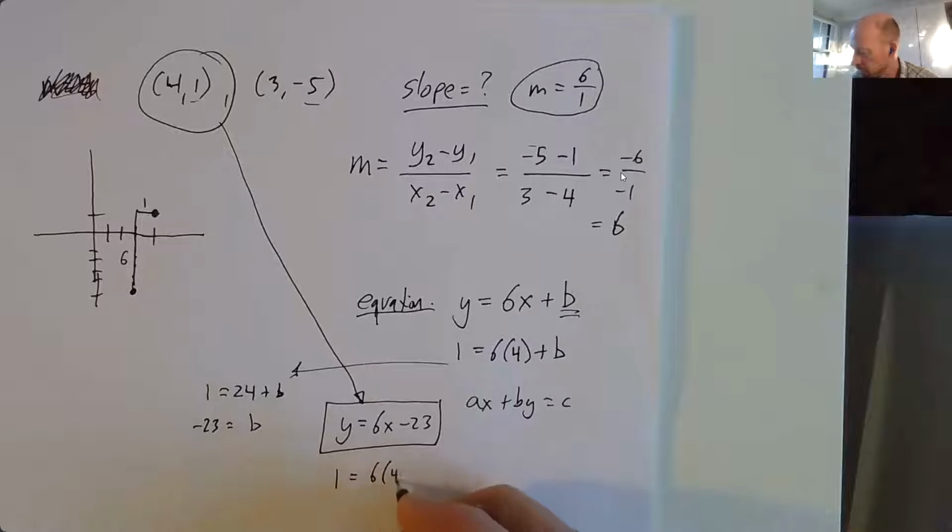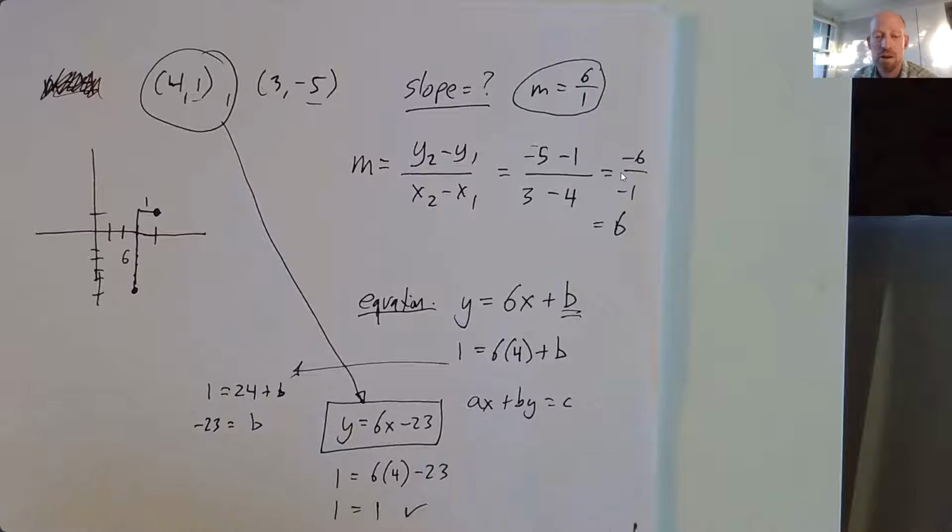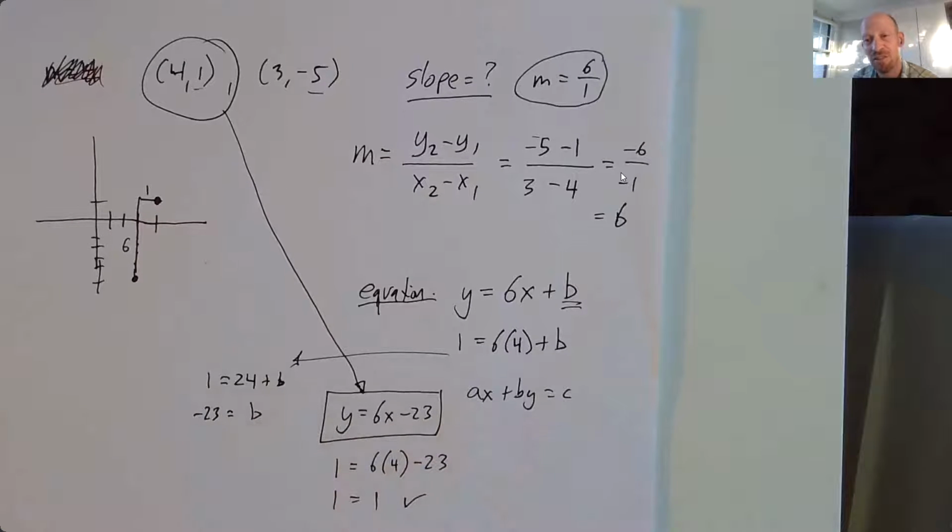Well, we can see what happens here. 24 minus 23 is 1. So what happens is it's a solution to that equation, right? Remember, that's what lines are, really a set of solutions. So to go through a point really means that point should solve the equation, right?